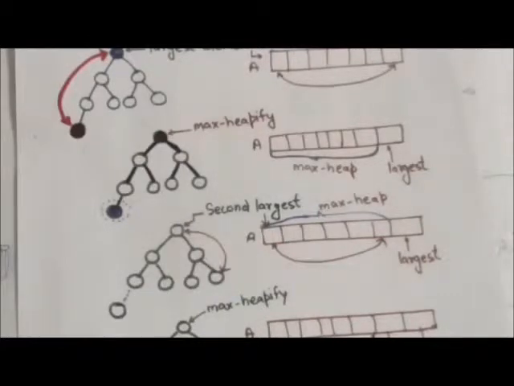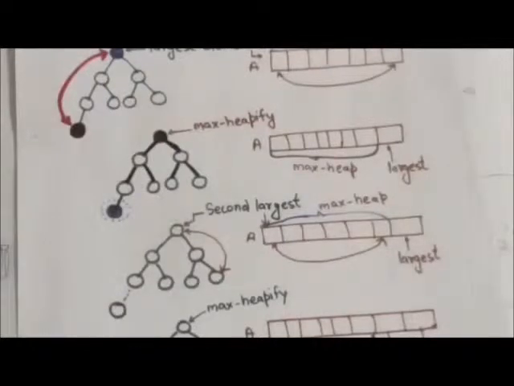We will get all nodes of this heap satisfying the max heap property. So the largest element of this heap will be stored in the root. Now the second largest element of array A is stored at the root of this heap.